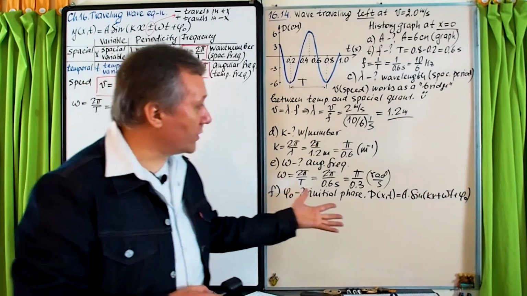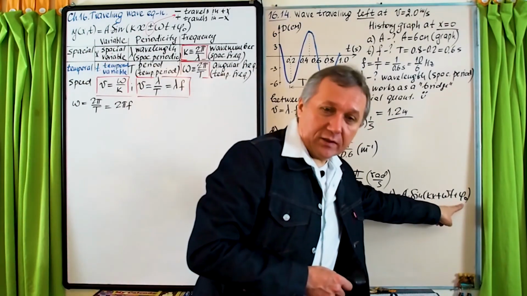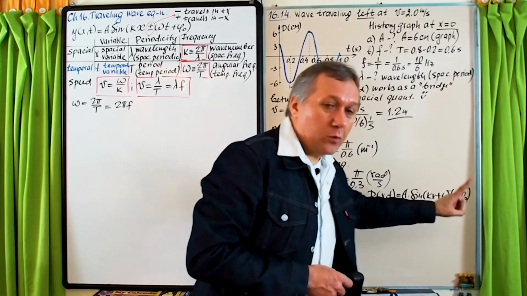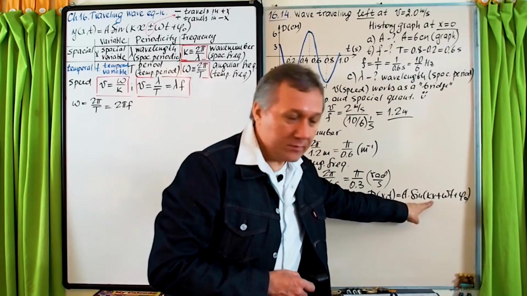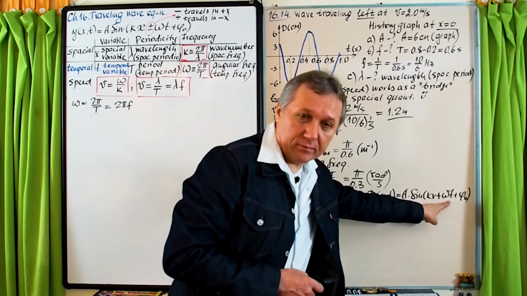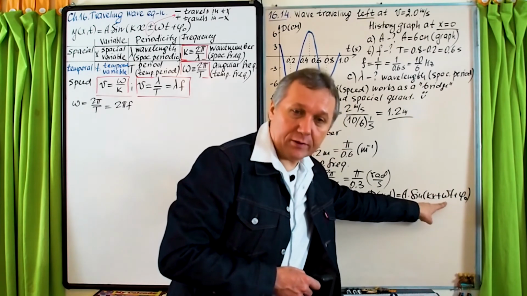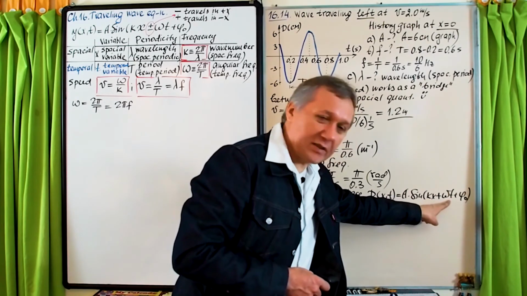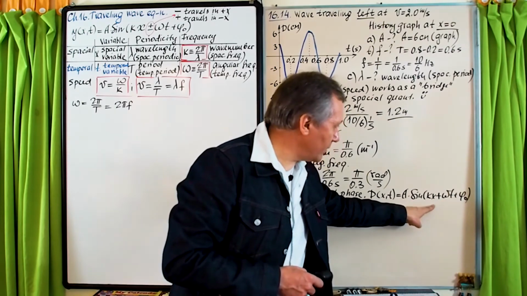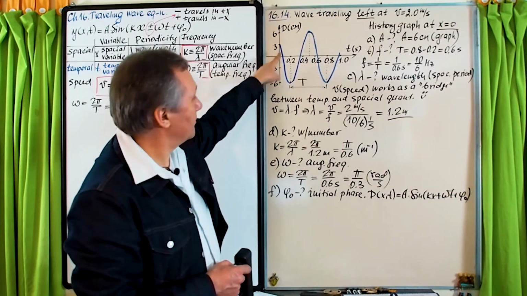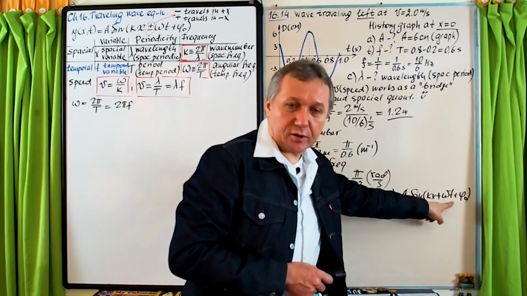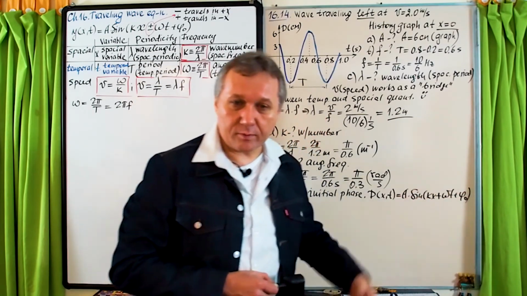As I said, since this is constant and we need to find it, we can take any x and any time, and k and omega we already found. So this will be some number, this will be some number, and the amplitude is found. Then you can find the displacement at that particular moment of time, and you can find phi naught.